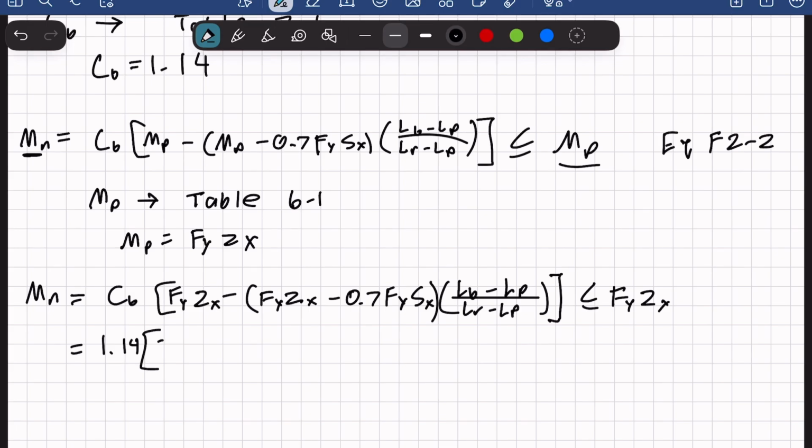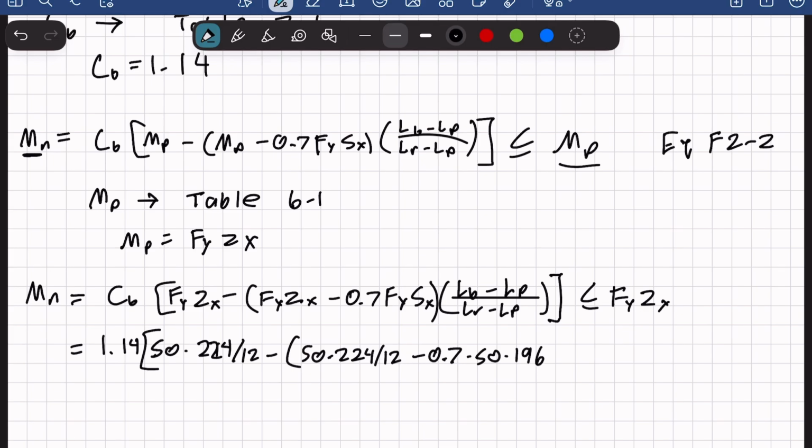So this is going to be 50 times 224, pardon me, that is 224. And then we'll divide this by 12. Subtract exactly the same thing. Minus 0.7 times 50 times Sx, which for a W24x84 is 196.